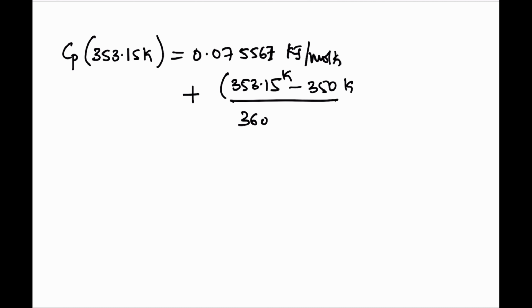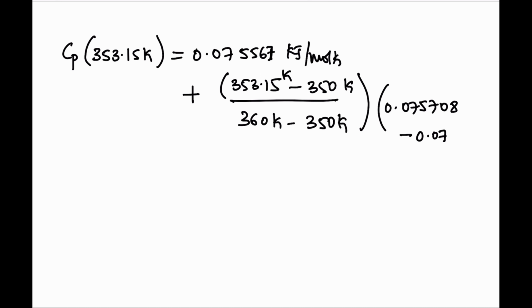Anyhow all this Kelvin gets cancelled, into 0.075708 minus 0.075567 kilojoule per mole Kelvin. If you do the calculation, you end up getting 0.07561 kilojoule per mole Kelvin.